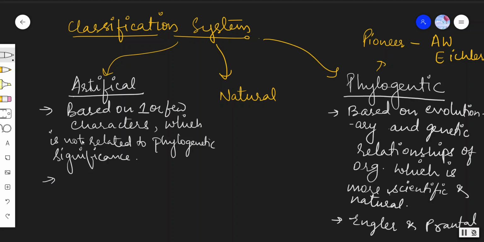The first artificial system was proposed by Theophrastus.